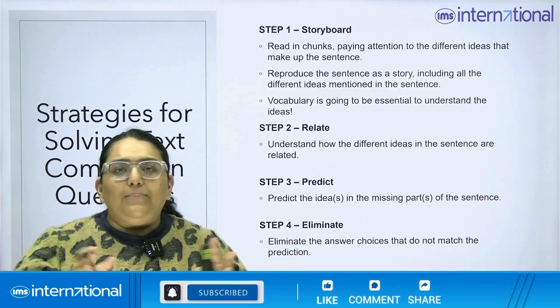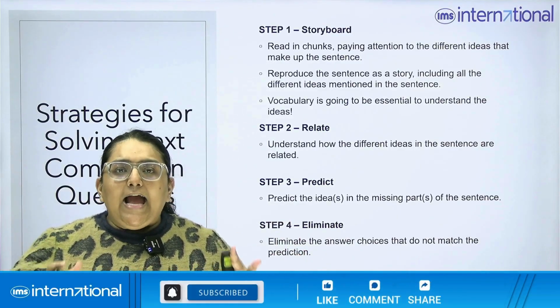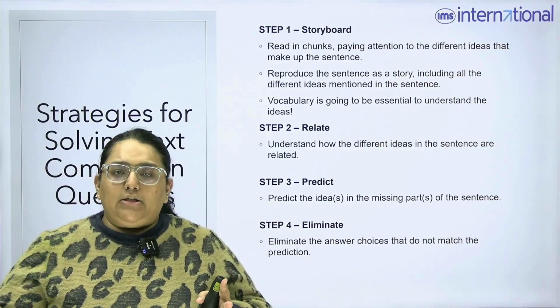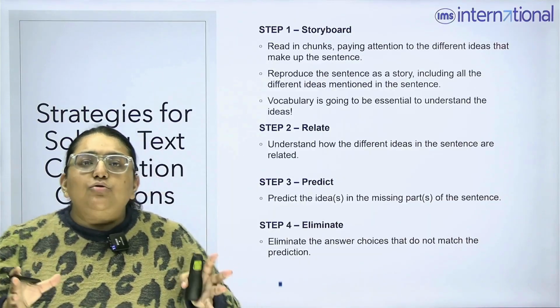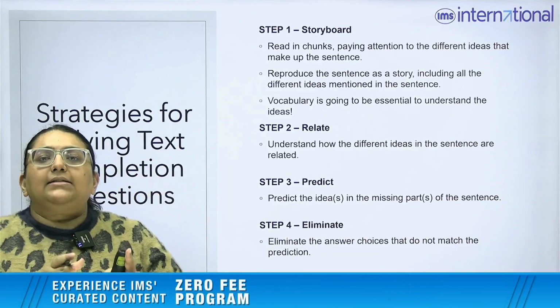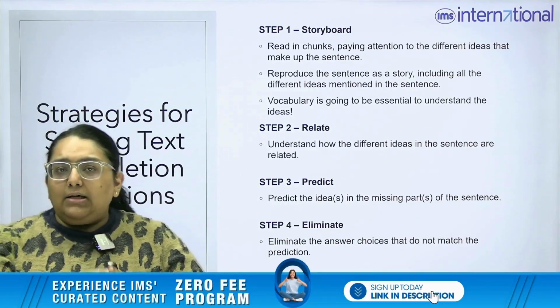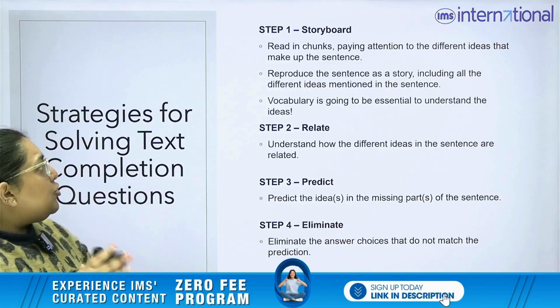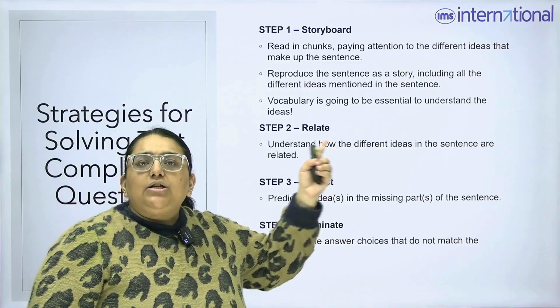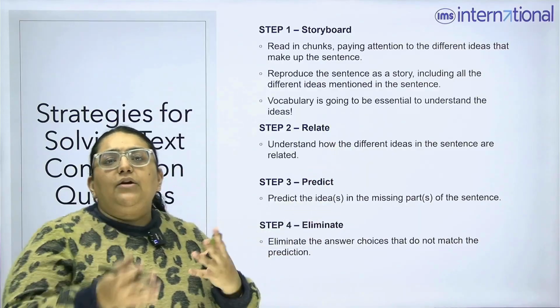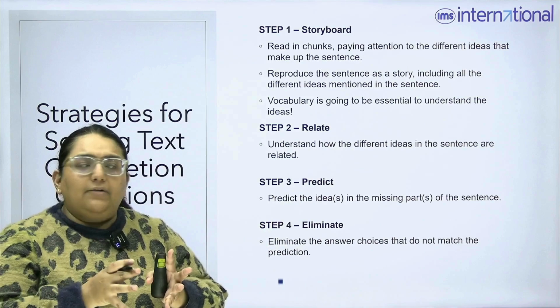There are certain blanks in the sentence and there is also a lot of information. That information will act as clues which we will use to build a story and understand what should come in the blank. So in storyboarding, we will read the sentence in chunks and we will pay attention to the different ideas that the different parts of the sentence are conveying.